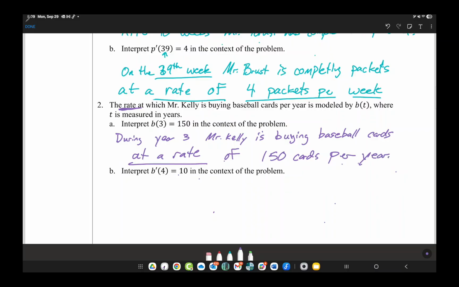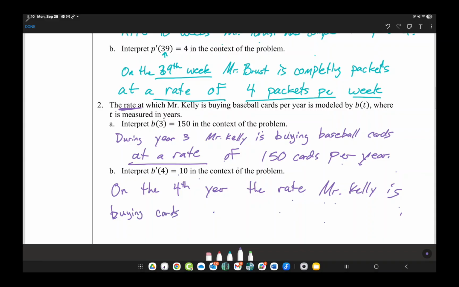If we take the derivative of this, it says on the 4th year, the rate, so again, this is a rate function, the rate Mr. Kelly is buying cards, is increasing because it's a positive value, at a rate of 10 cards.